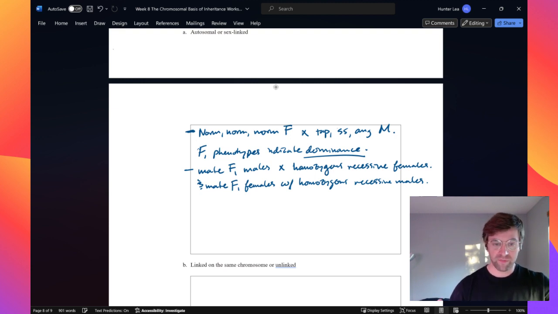Once we do this cross with homozygous recessive males and females, we would examine the ratio of phenotypes for each trait in the offspring as a whole and compare that ratio for the offspring as a whole with the ratio for each sex.